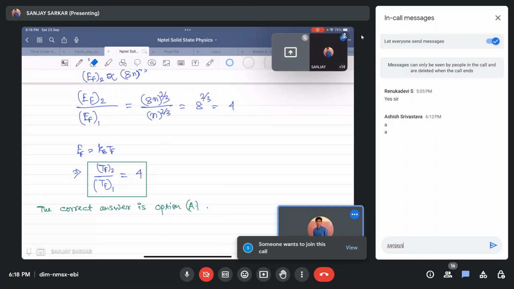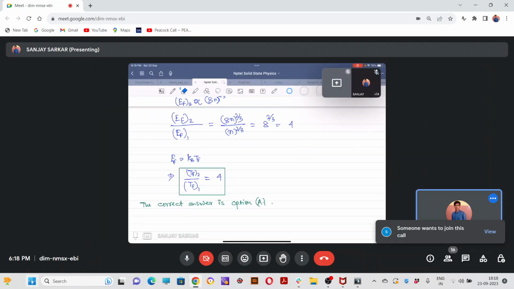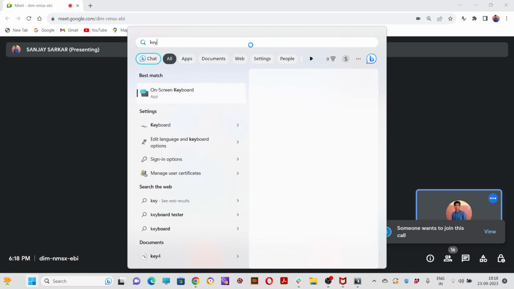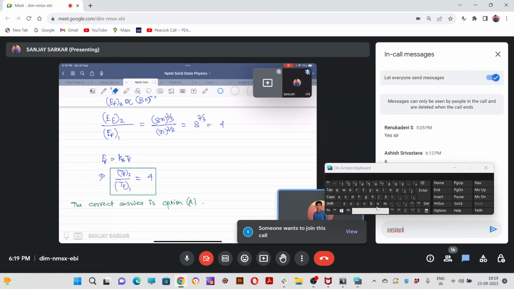Wait a minute, I'll write down my email using the on-screen keyboard.